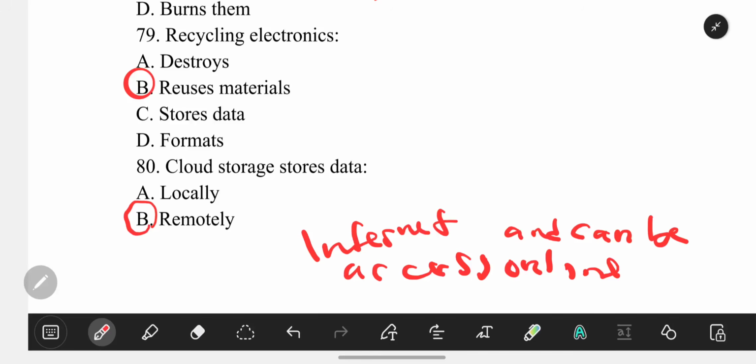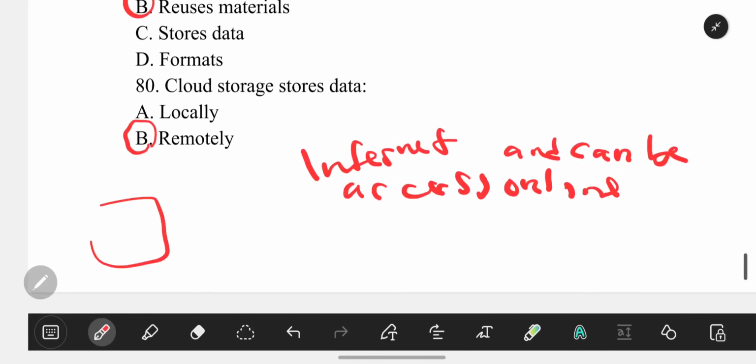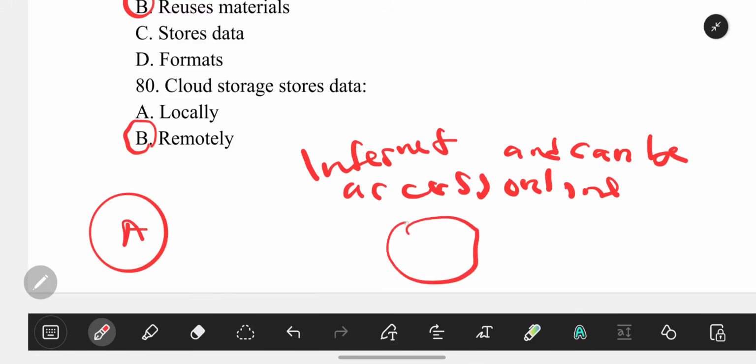So you don't have to carry, let's say, your laptop. If you have another laptop somewhere, let's say you are in town A, you go to town B, you leave the laptop there, and on this laptop you are able to access through cloud storage that information that you want. So that's on unit 2.